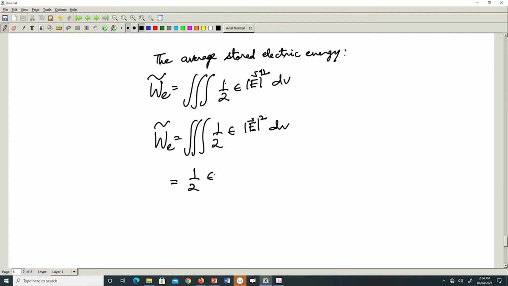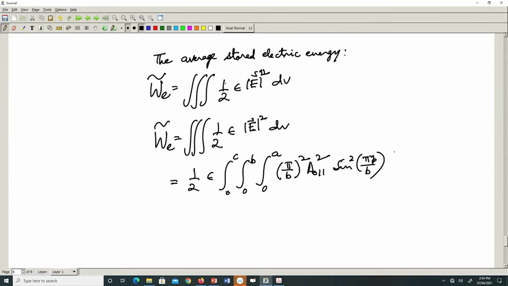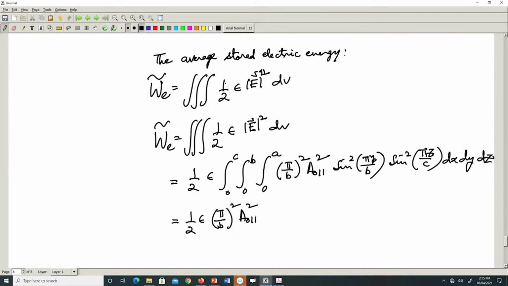That is half epsilon, integral 0 to c, 0 to b, 0 to a, of (pi by b) whole square, A 011 square, sin square pi y by b, sin square pi z by c, dx dy dz, and that becomes half epsilon (pi by b) square, A 011 square, abc by 4.